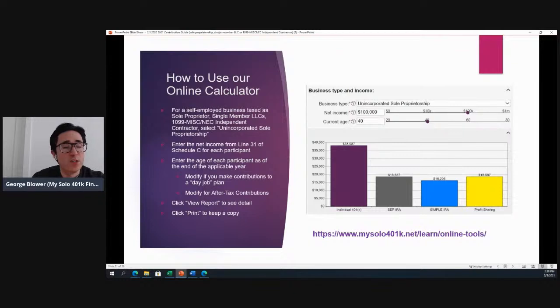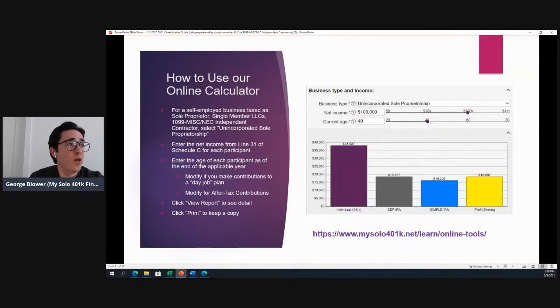So hopefully that helps. Now let's take a look at how to use our online calculator and more around the mechanics of making contributions. We have a great calculator on our website. If you go to our website, mysolo401k.net, under the Learn menu, click on online tools. It'll take you right to the calculator.